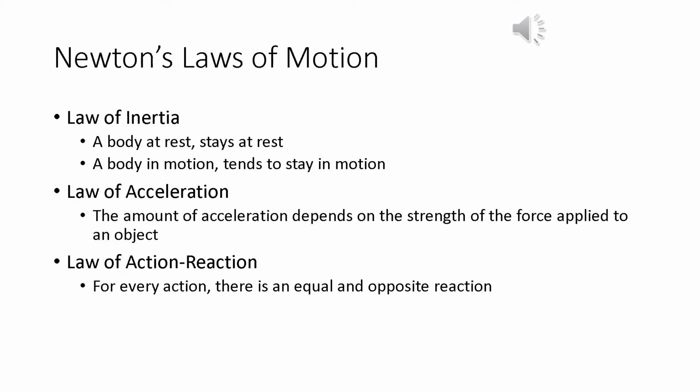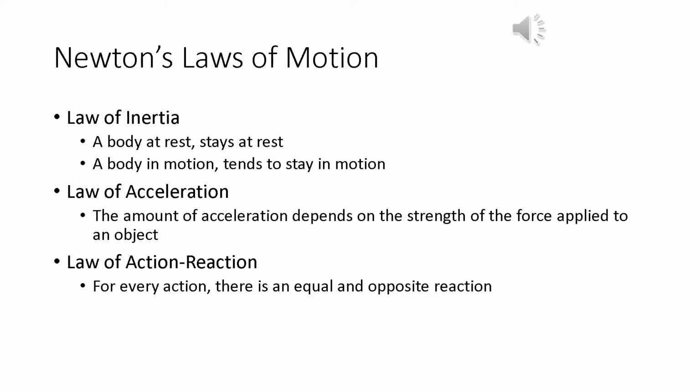The second law is called the law of acceleration, which basically says that the amount of movement forward, acceleration forward, depends upon the strength of the force that's applied to that particular object. So the best example to explain this would be to kick a small ball on the floor forward.